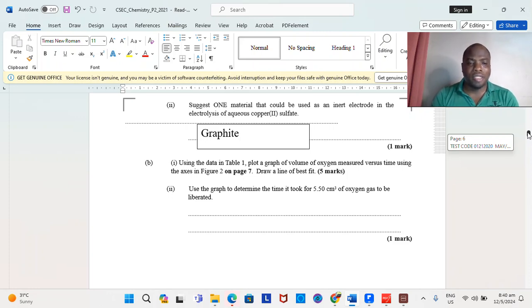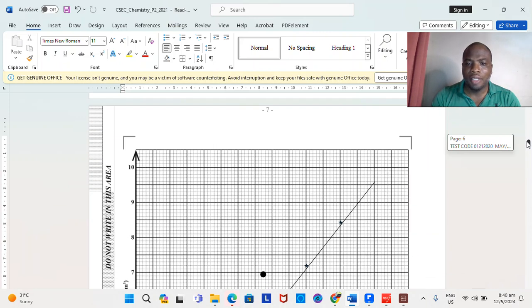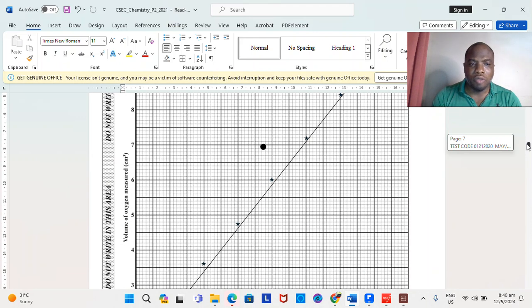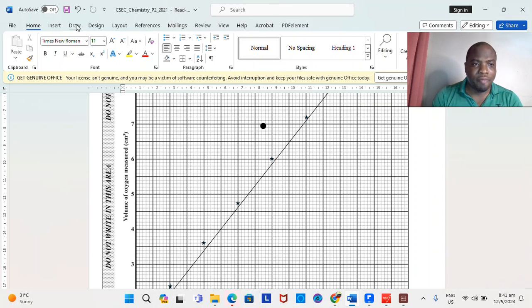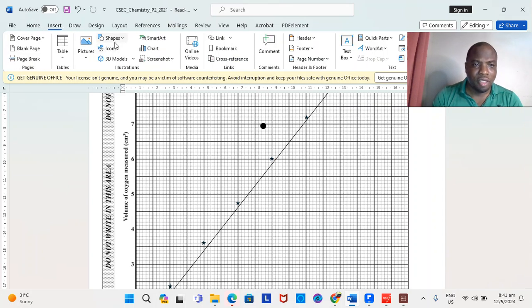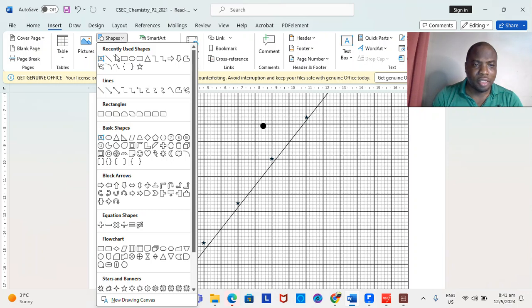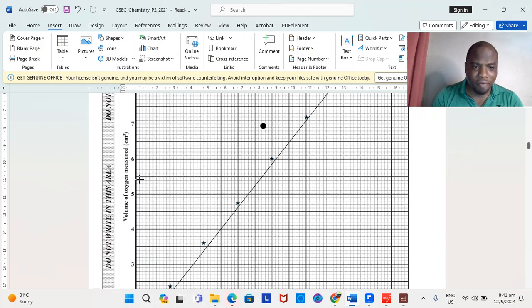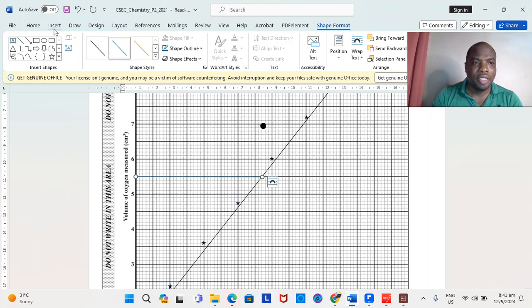The next part of the question says use the graph to determine the time it took for 5.5 centimeter cubes of oxygen gas to be liberated. And this, as you know, would be at the anode. So what you do now, 5.5, you look at that, identify 5.5 would have been here, right?